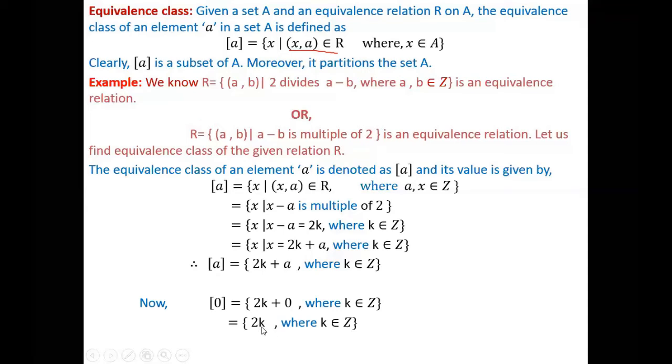If I put k equals 1, we get 2, k equals 2 gives 4, and similarly it goes on. If k equals minus 1, it will come minus 2. If k equals minus 2, minus 4, k equals minus 3, minus 6. Similarly, it goes on in both sides.